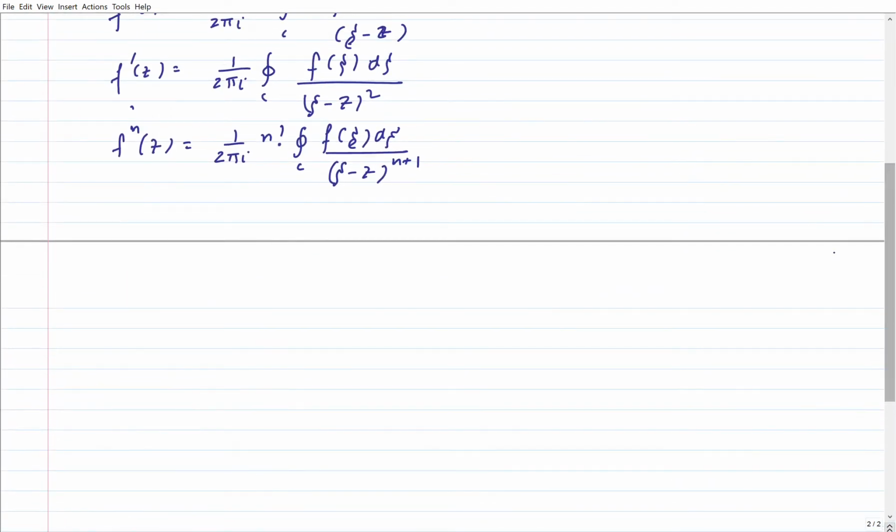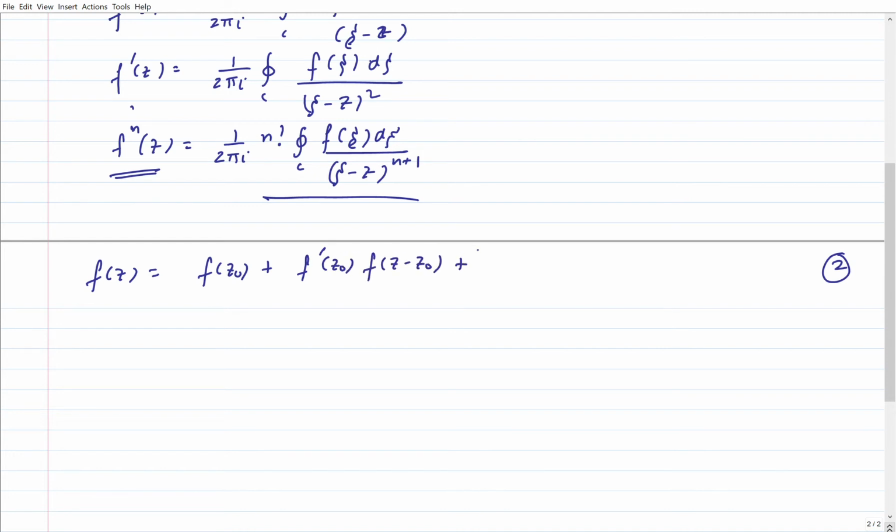Now this is the evaluation of the nth derivative in terms of the contour integral. So that helps me to expand f(z) around z0 in a Taylor series.